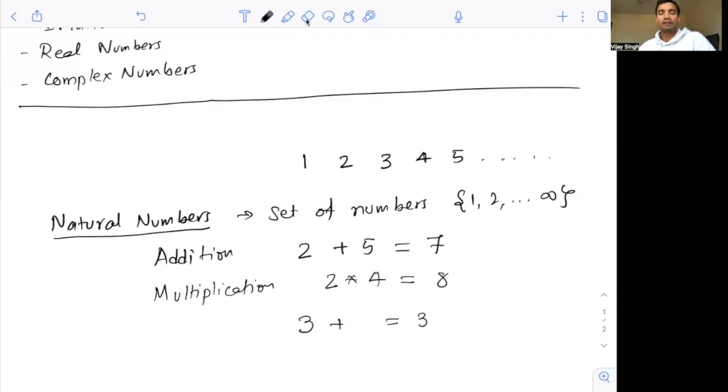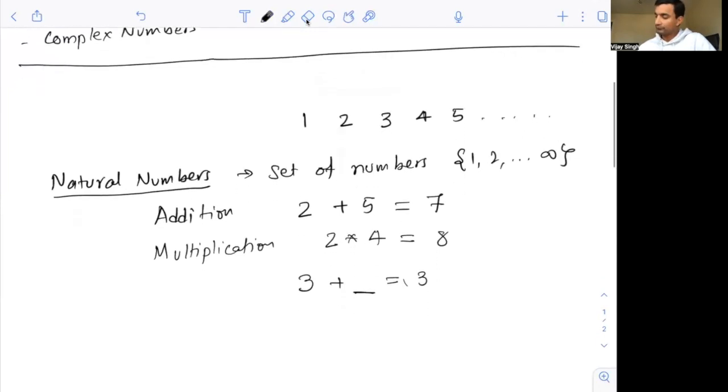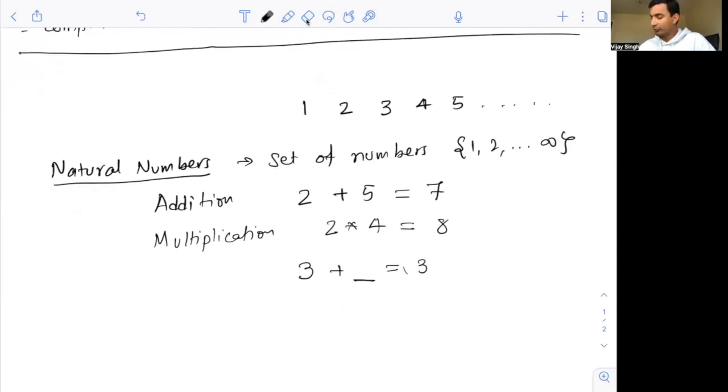So how many apples were added? What was this number that was added to 3 to get 3 again? The number which is added here is, of course, 0. If we add 0 to 3, we get 3 back. But this number 0 is not in the set of natural numbers. This is a new number that we need to have.